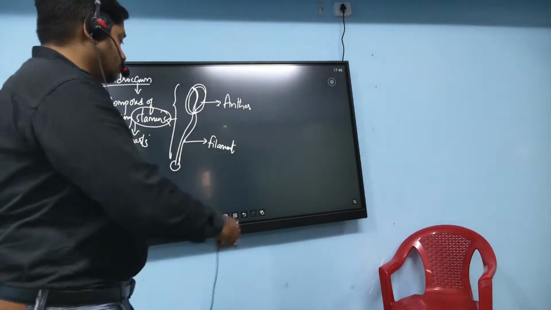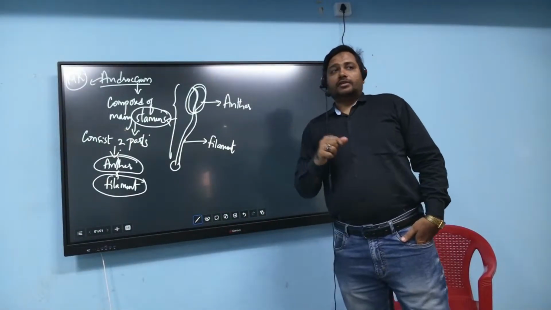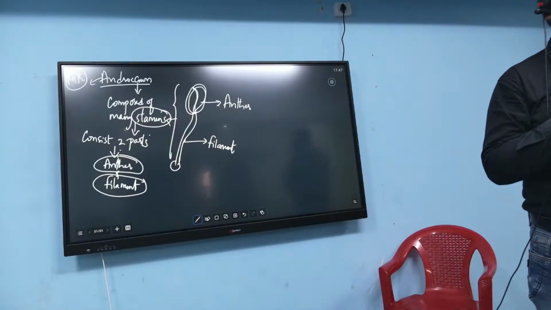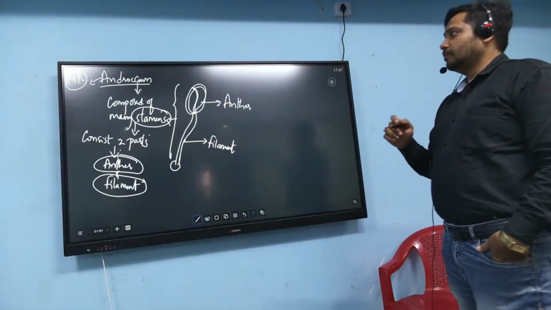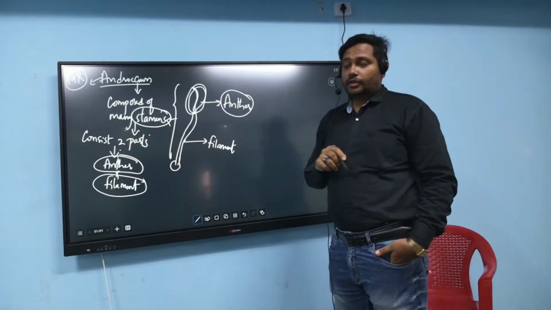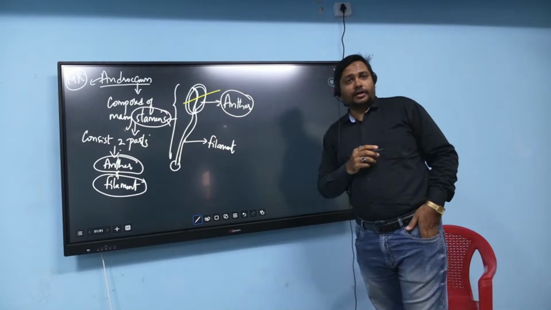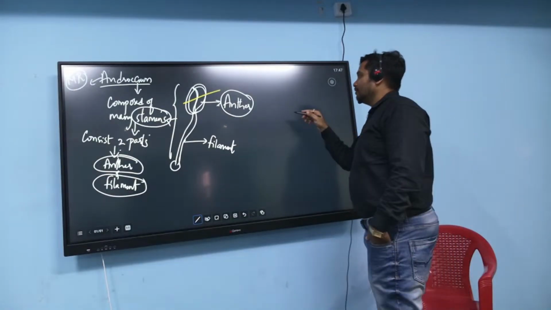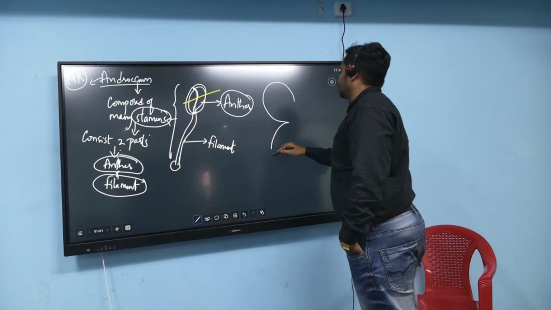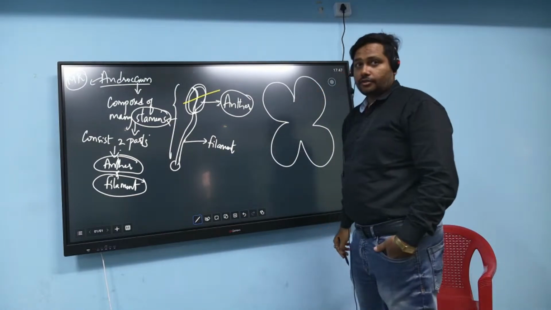Yes. Now, when we are studying about the angiosperms and about the flower, the major thing we need to study is the anther. If you cut open this anther, we will be able to see the transverse section of the anther, like this.